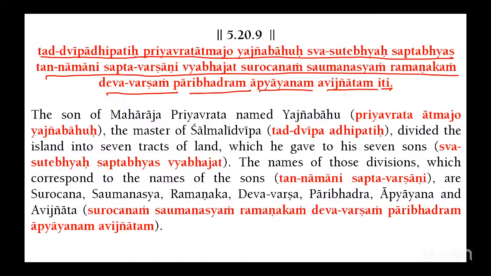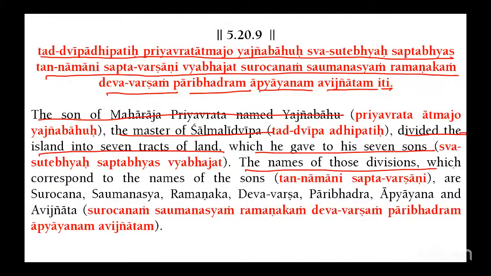Now here, another son of Maharaj Priyavrata named Yajnabahu was the master of Shalmali Dvipa. And he divided the island again into 7 tracts of land, which he gave to his 7 sons. Again, he also had 7 sons. He divided that island into 7 parts, 7 varshas, and gave it to his 7 sons.